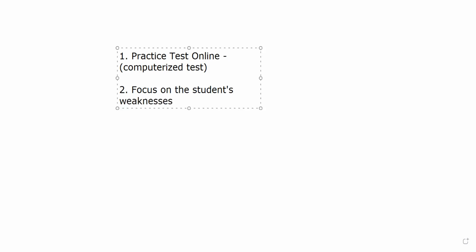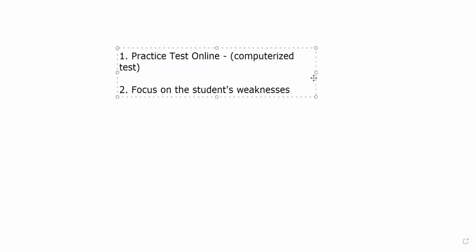The next thing is, once the student has taken the practice test online, we'll be able to focus on the student's weaknesses, meaning we can see where their strong points are. We don't expect them to master everything, but for the areas where the child is struggling, or it appears they didn't score as well, that's what we're going to focus on for them.